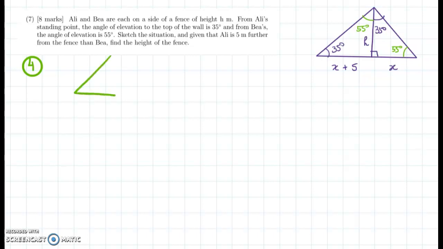We have the triangle on the left hand side. It's a right angle triangle. We have an angle of 35 degrees here, and we have an angle of 55 degrees here. And we know one of the legs, the horizontal one, is x plus 5, and the vertical one is h.